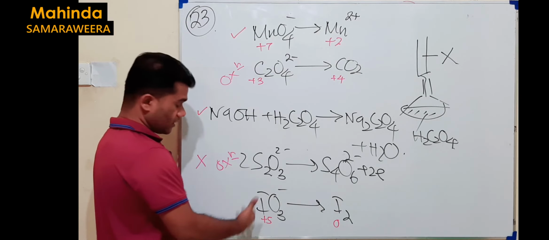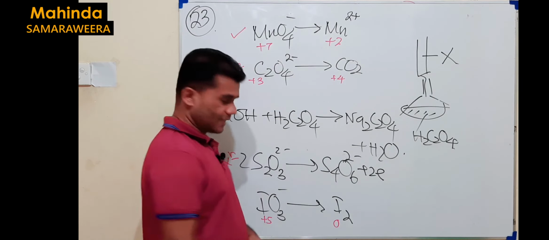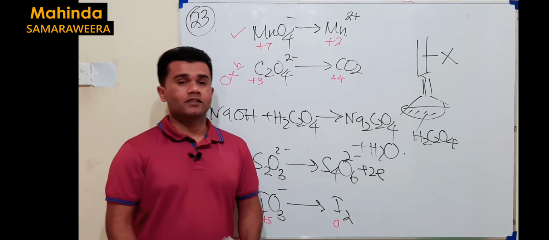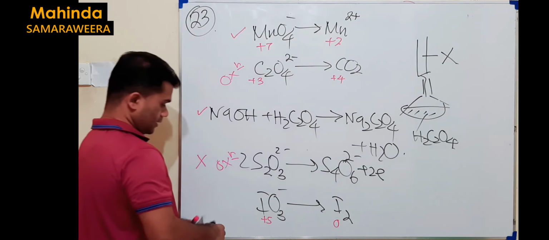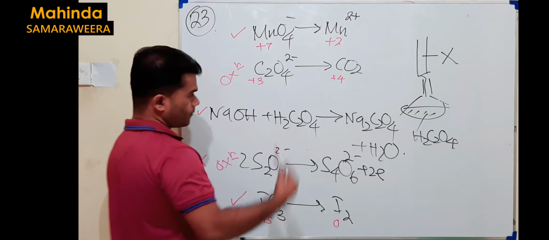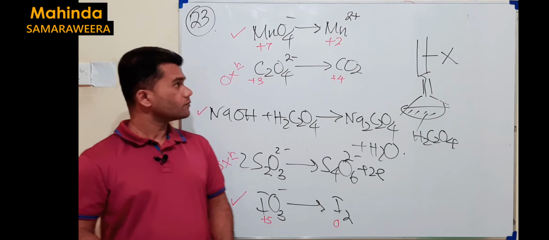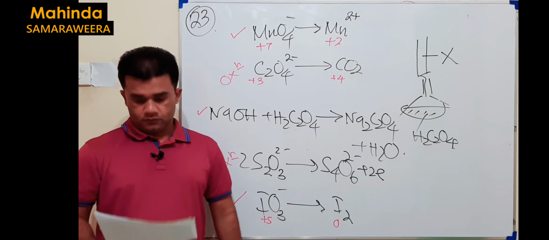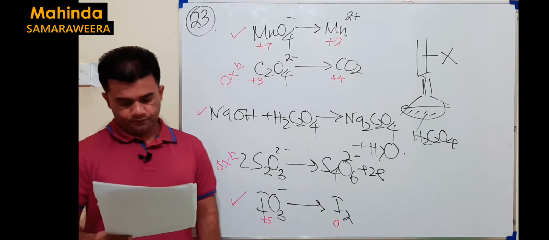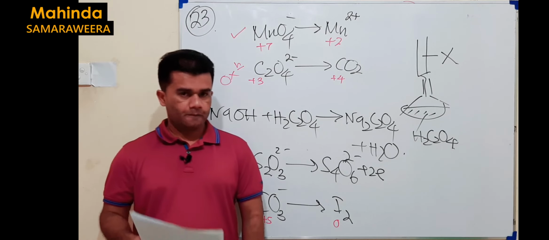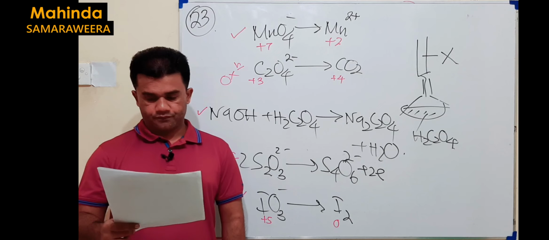Depending on the medium, it can sometimes go up to I minus, in that case reducing further to minus 1. So it reduces, meaning oxalate oxidizes. Yes, that can be used. So A, B, D. Three answers correct. That means the other response is 5.